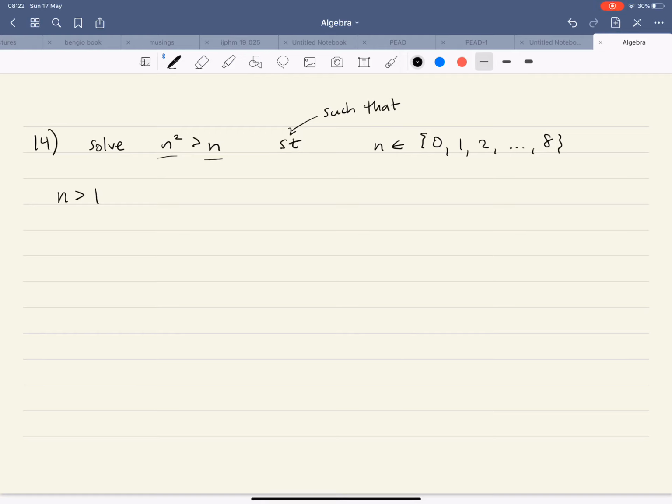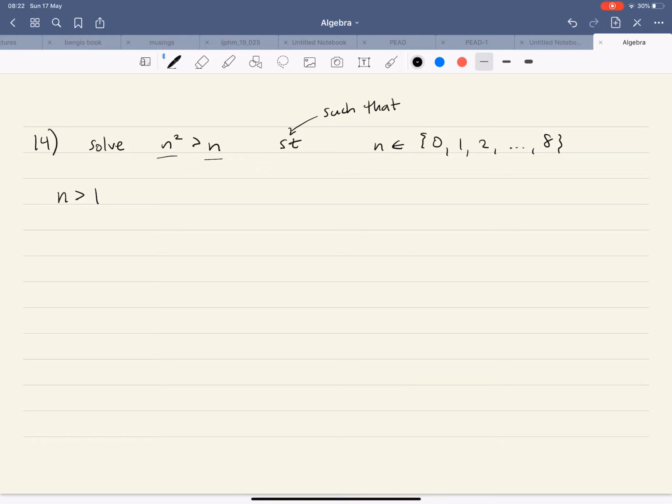Now, ordinarily that's something where you really have to think about the domain of n, right? Because if n were negative, then the inequality would change, right? It would go from a greater than to a less than.